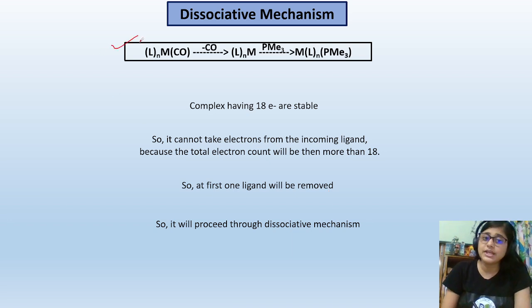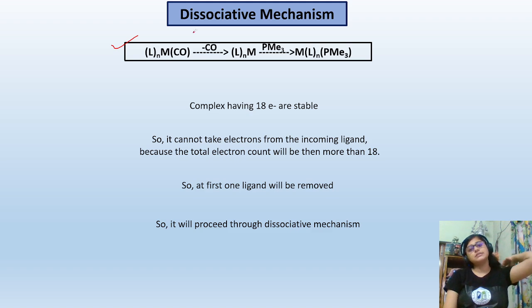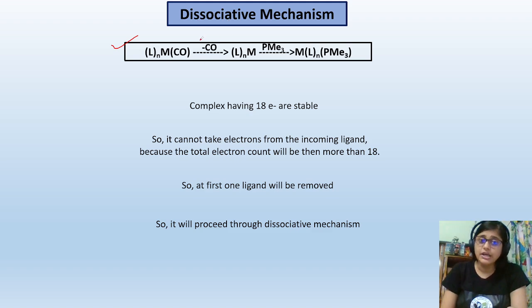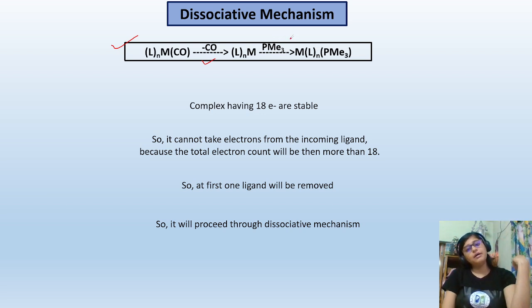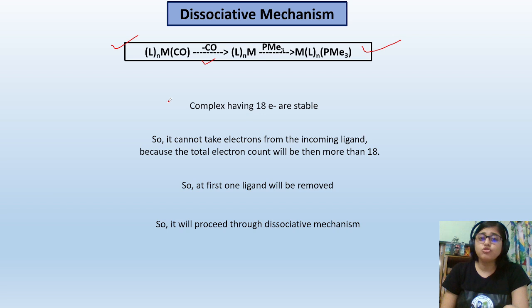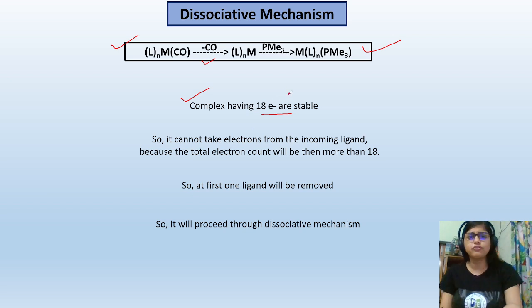In the dissociative case, dissociation means dissociation of the metal-ligand bond. First the dissociation happens, the leaving group leaves, and then the association: the new ligand sits on the metal. What kind of complex will show the dissociative mechanism? A complex having 18 electrons is stable; we have solved the 18 electron rule for that reason.